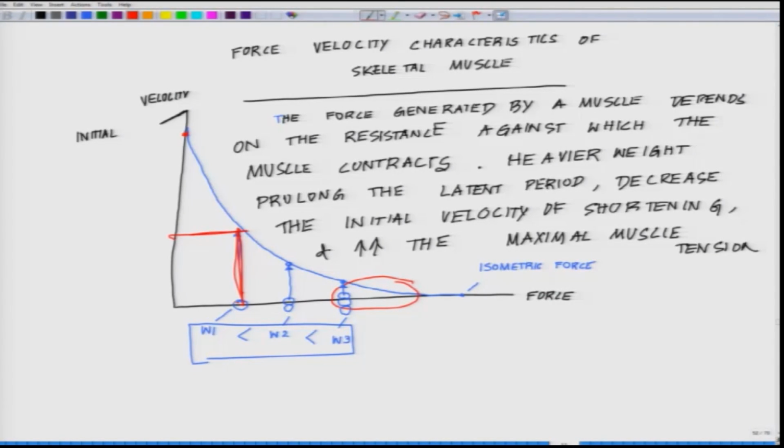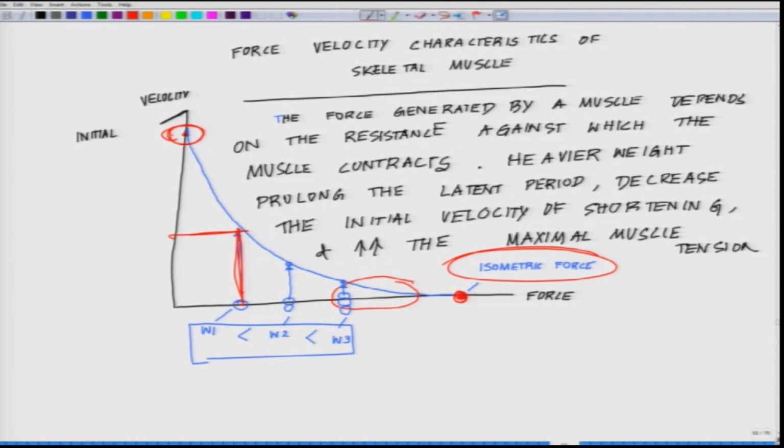The force generated by muscle is maximal when it contracts against a load that is too heavy for it to lift, and that is what we meant by isometric contraction, and the velocity of shortening is maximal when it contracts against no load.